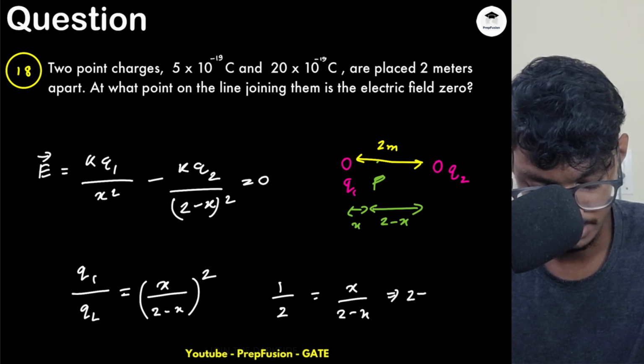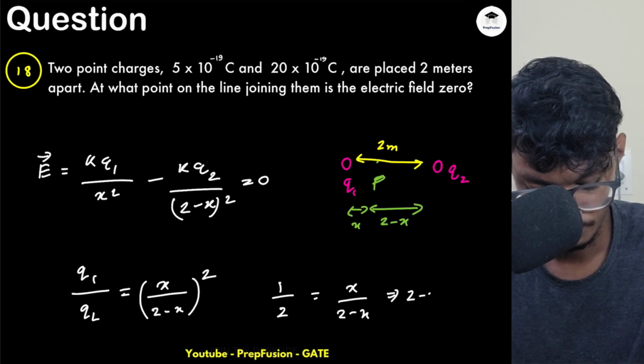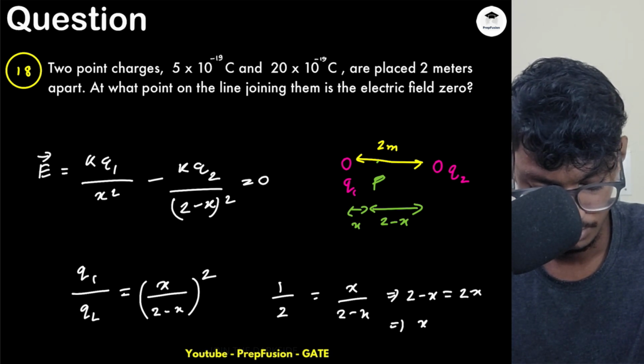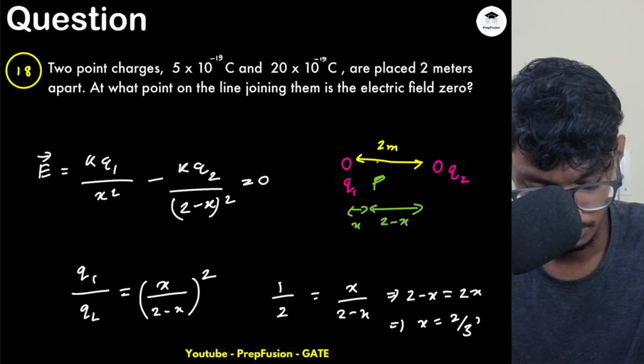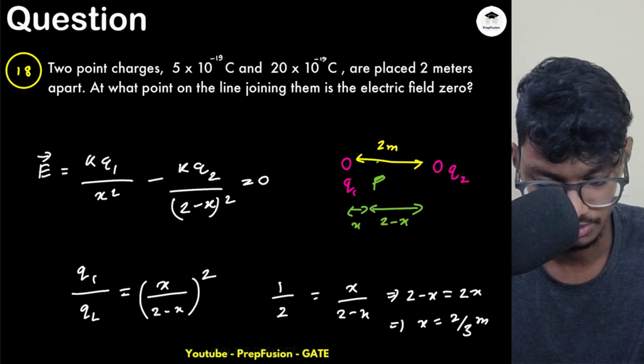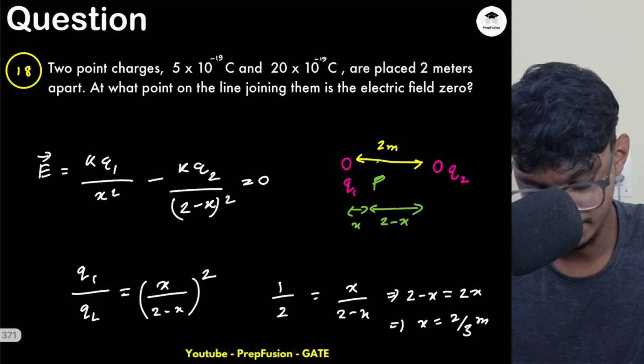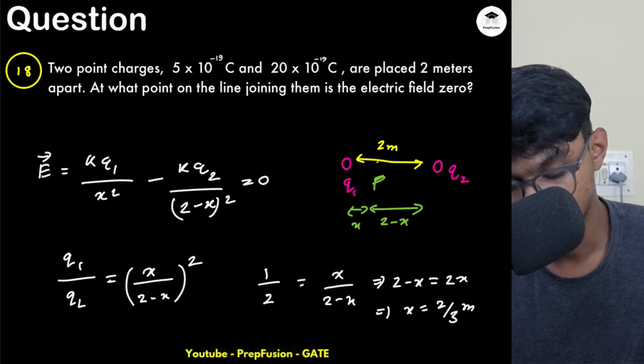So 2 minus x will be equal to 2x. So x equals 2 by 3 meters. Yeah, this will be the answer. Basically at this particular point the electric field will be 0.